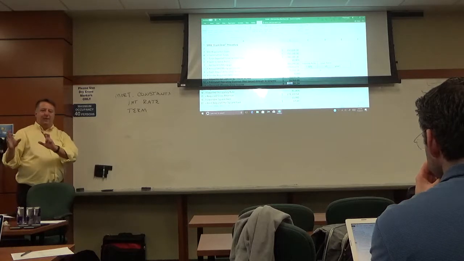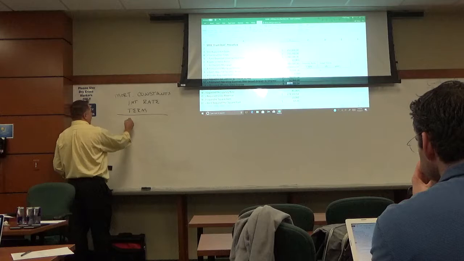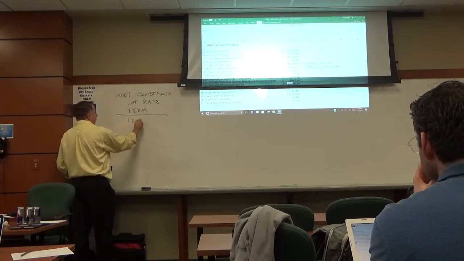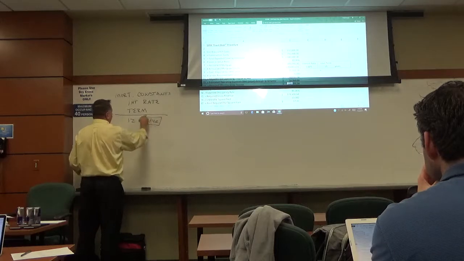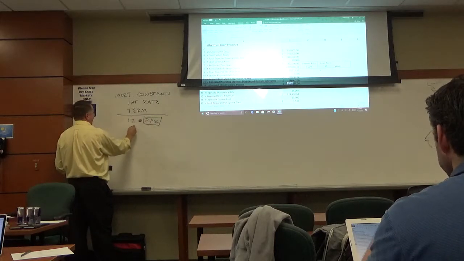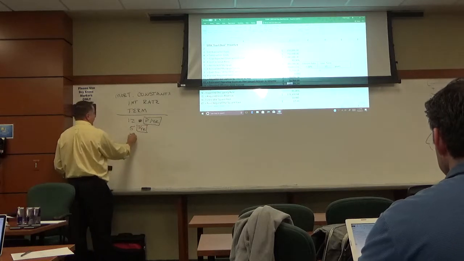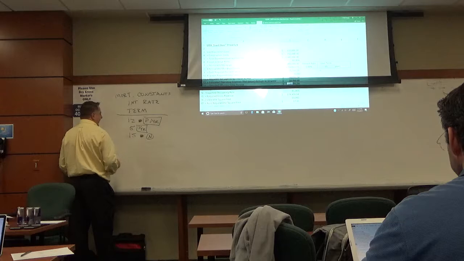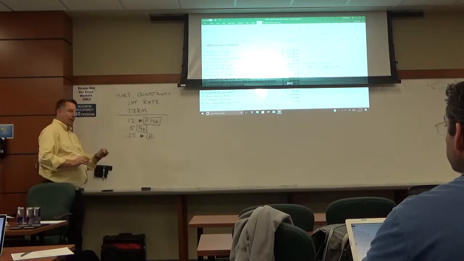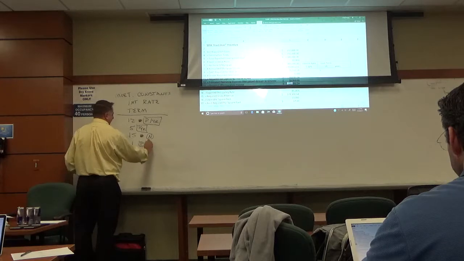So if we look at it from the perspective of the calculator, you're going to be putting in, let's say, 12 payments per year, an interest rate, in this case let's say 5%, a term of 15 years, and then you're going to put $1 as your loan amount or your present value.